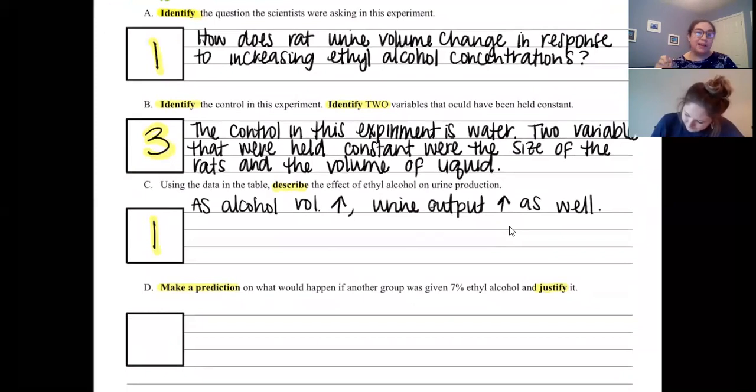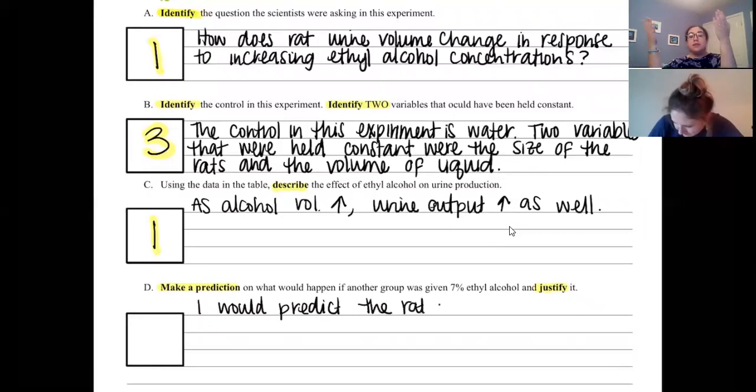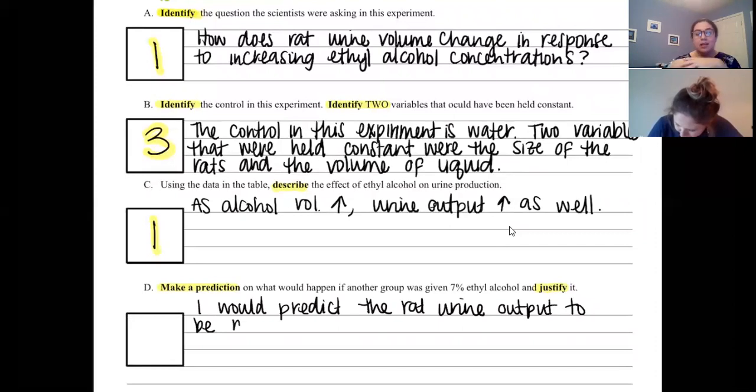That's your prediction based on what you see in the data. I would expect that the rat urine output increases. And so any number, just make a prediction, even if it's a number like 4.8. Is that more than 4.7? Yes, then it gets the point. Any number larger than what you had, that's within reason. Don't say like 1,000,000 milliliters or some crazy number. Just any number more than 4.7 milliliters is what you would expect.